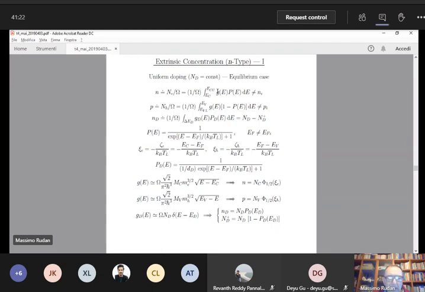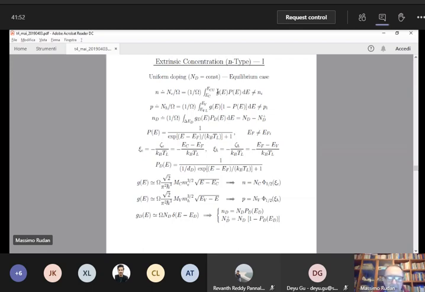Finally, we calculate the concentration of the electrons that are in the donor states. We call it small n sub d, okay? And the calculation is just the same. We take the density of states of the donor states, GD, and of course this is the stick that you remember from the figure.